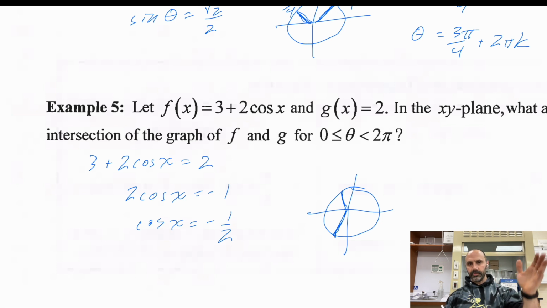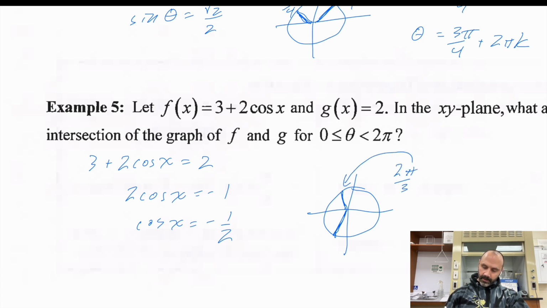It's closer to the y-axis there. And so this is going to be 2 pi over 3 here, and then 4 pi over 3 down there. And that's it. I can't go around anymore because I have this domain restriction. And so those are my solutions.